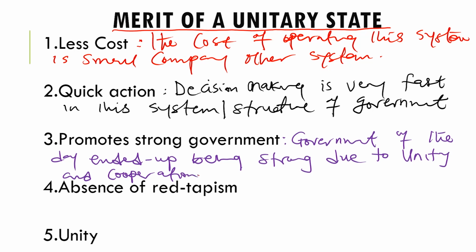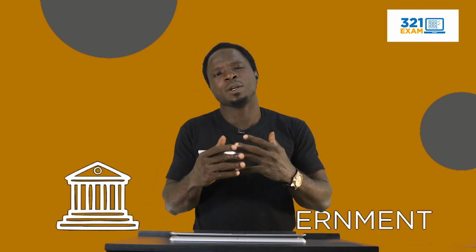Okay. Then next we said absence of red tapism. Now don't get it twisted, please. Red tapism is a combination of two words. It's a compound word. Red and tapism. Now red tapism has to do with total compliance to procedure. Something you can do within a few seconds, you are telling me let's go here, let's go here. You end up wasting time. Now in this particular system, there is no bureaucratic structure where you have this procedure, you have this procedure.